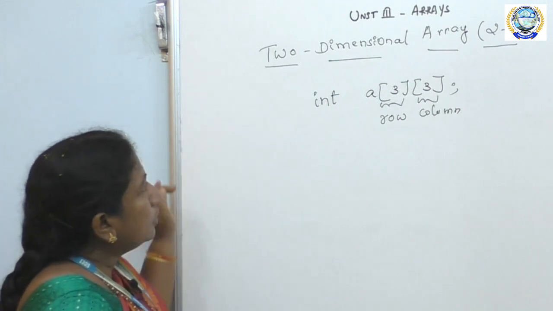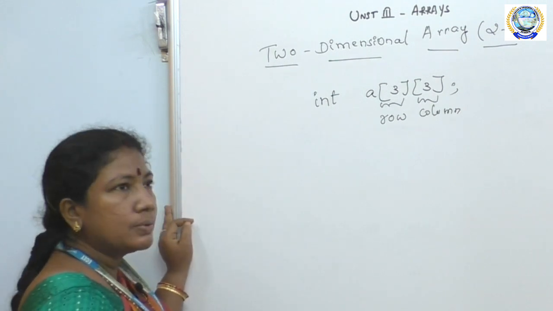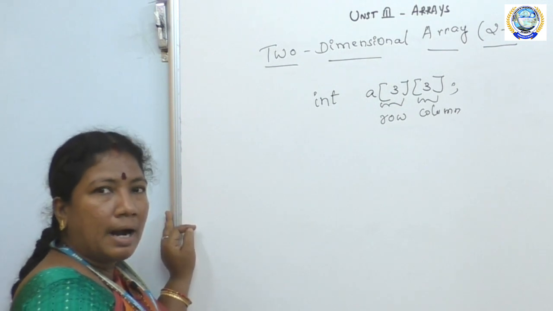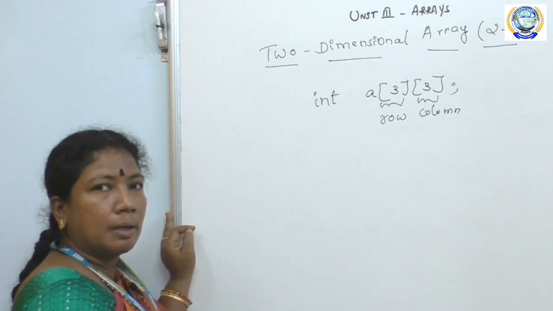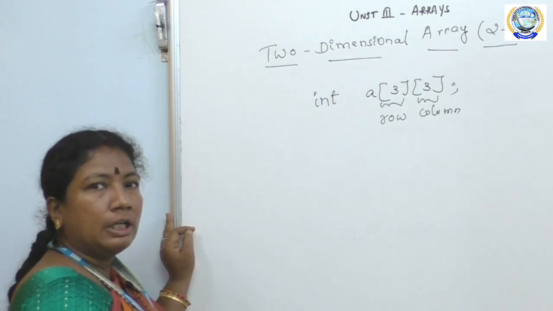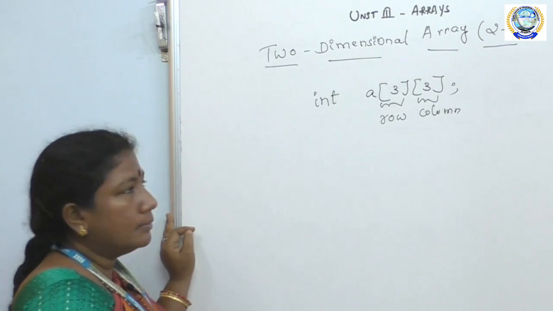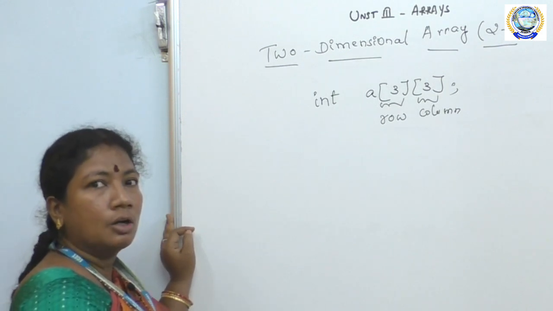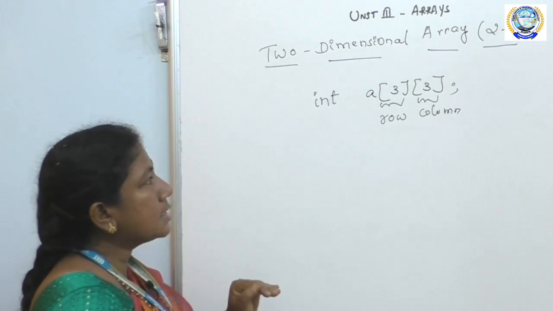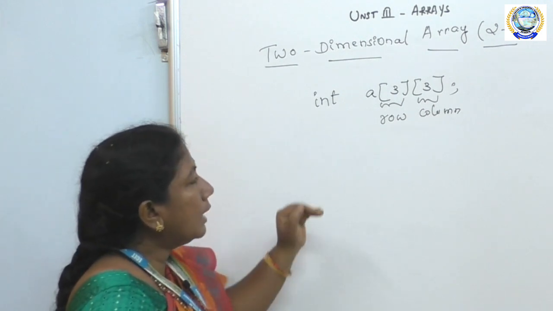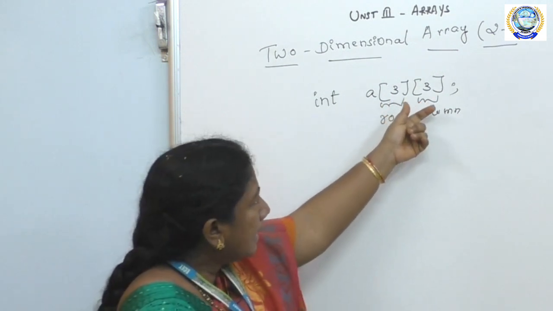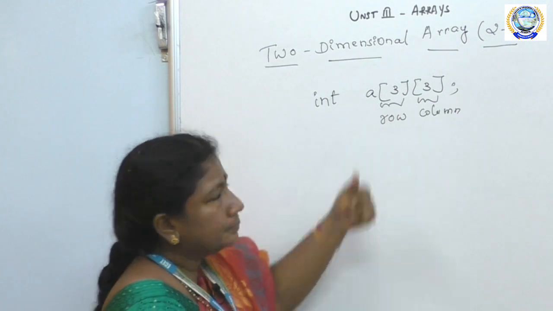Especially these two-dimensional arrays are used to display the values in a matrix format or in a tabular format. So, for tabular format, we need to take the values both in rows and columns. For mentioning rows and columns, we take the first index as the row, the second index as the column.